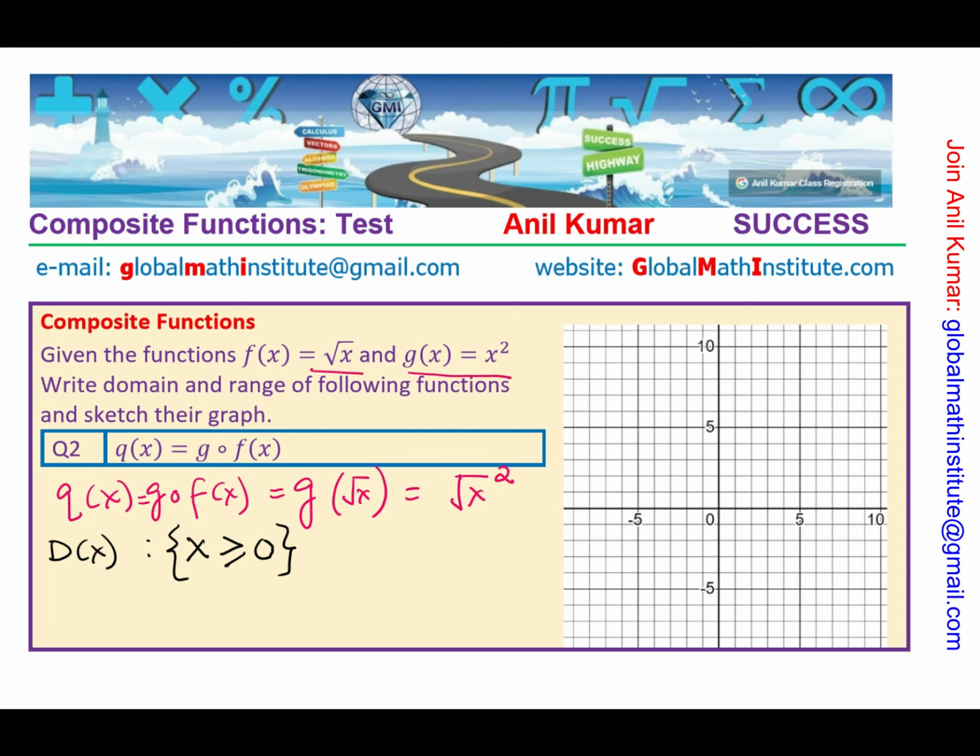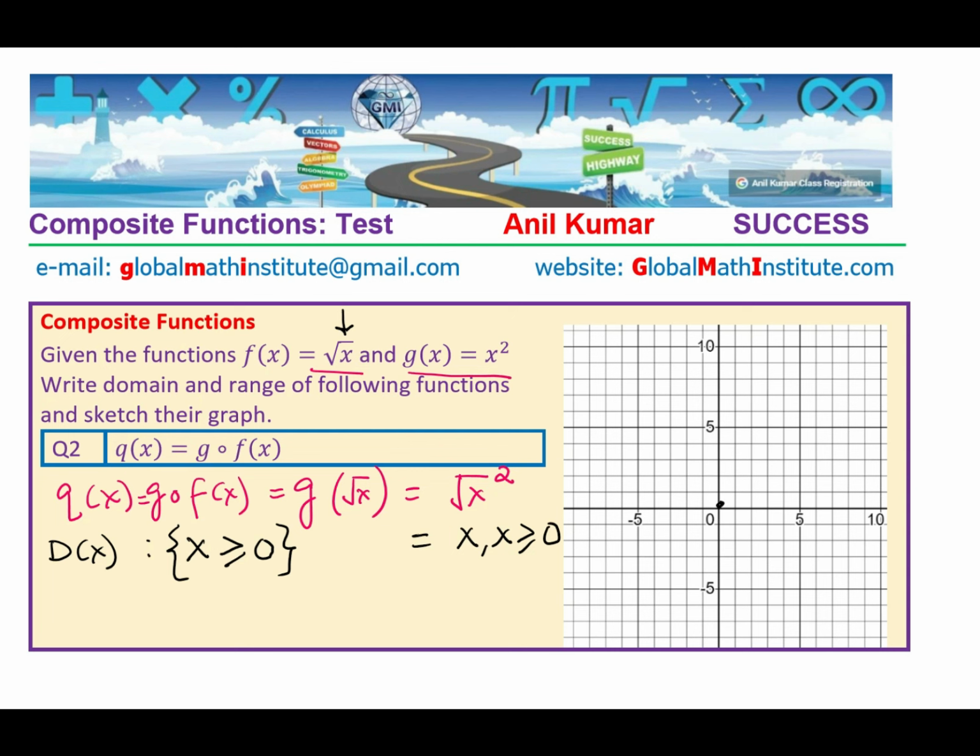And therefore, when we do the square root and then square, we are only going to get values equal to x where x is greater than or equal to 0. You could write absolute value of x, however, the domain is only greater than or equal to 0. Negative values are not permitted since f of x is not defined for negative values.